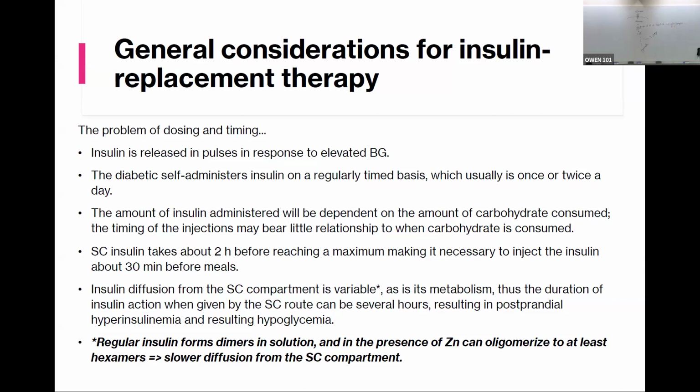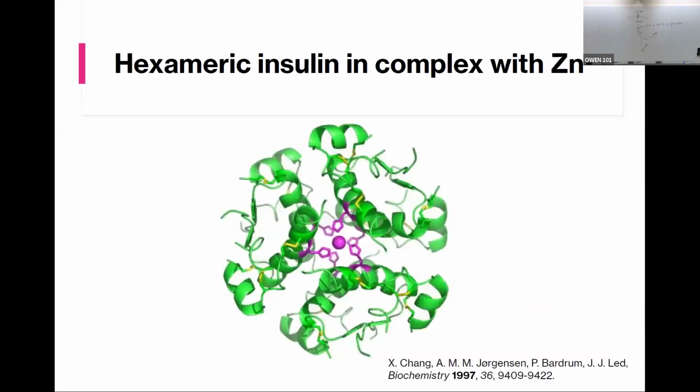When you put insulin subcutaneously into the skin, and it's polymerized, of course, it's more difficult to absorb, right? So that's the reason why adding zinc to the insulin complex makes it more difficult to absorb, and that prolongs the activity of the insulin.